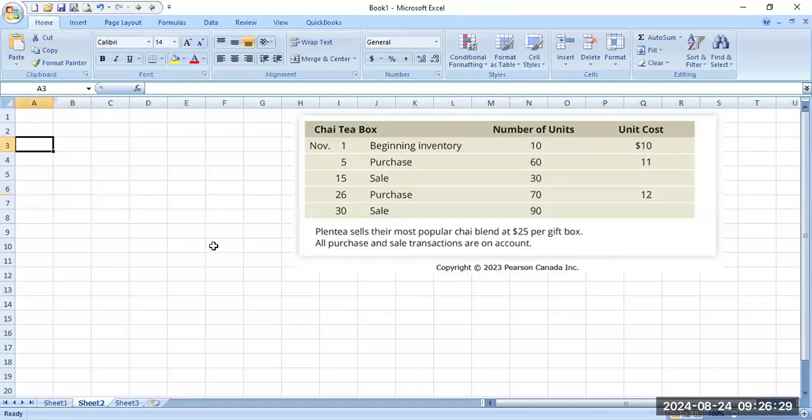So what do we have? First, November 1st, we have our beginning balance, which has number of units, and then cost per unit, and then total cost.